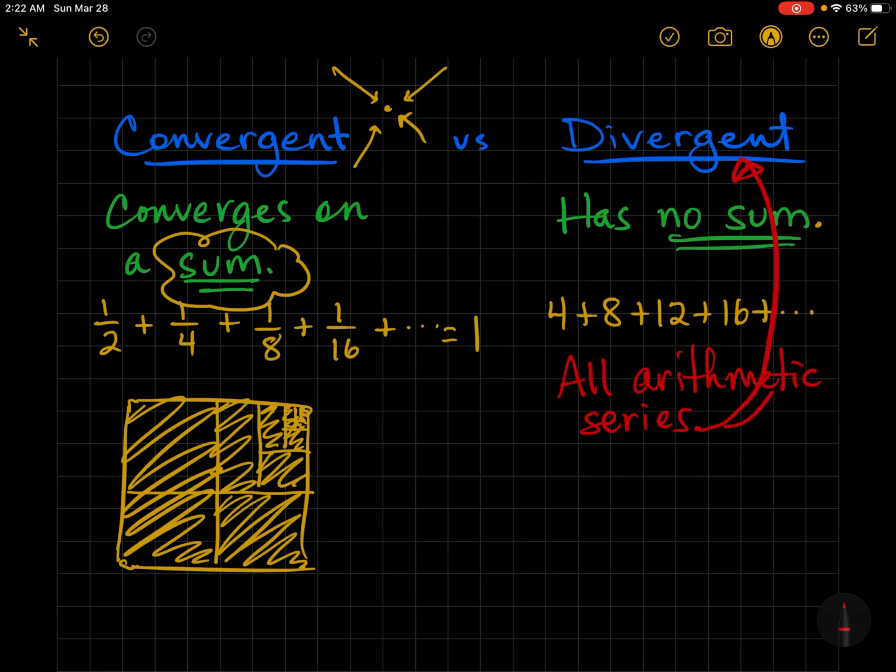They have no sum. You will never be able to converge on a number like this. Will not happen. What we usually say is that the series has no sum, you could say it's divergent, or you could also say it does not exist.